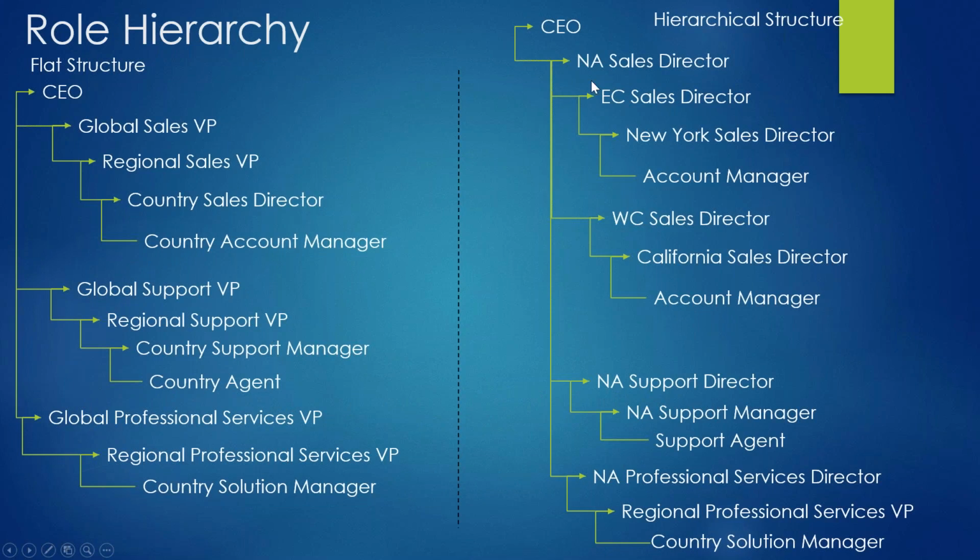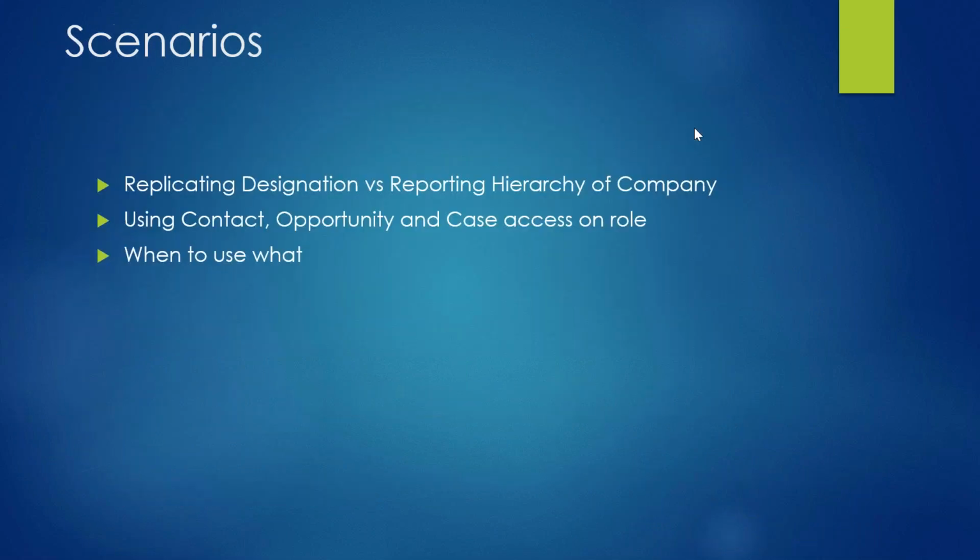One person is dealing with the East Coast, another person is dealing with New York sales itself. Then how should we define the role hierarchy? My question to you as our audience is, what do you think is the best way to define a role structure? What should we go for?